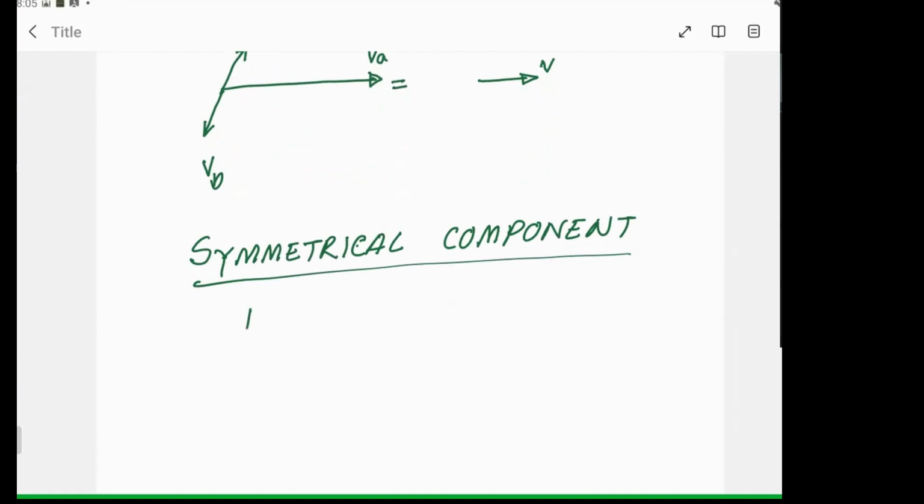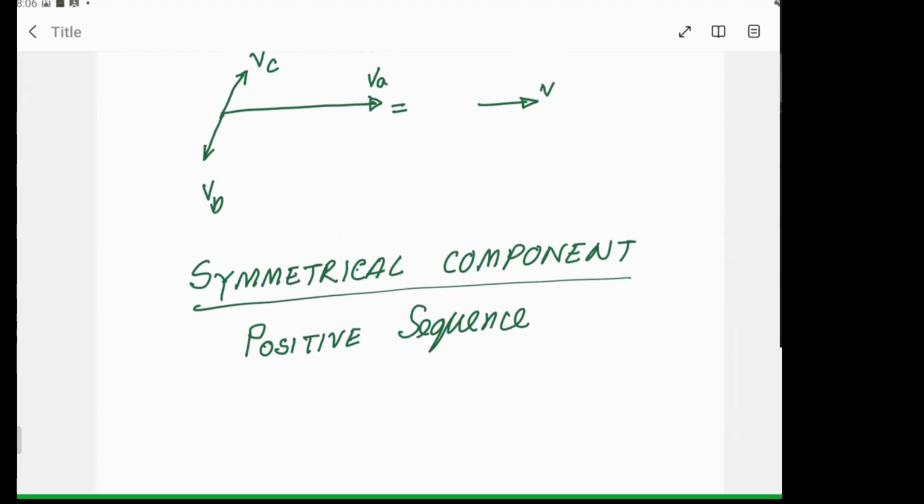One is called the positive sequence component. Symmetrical means it is a balanced component. So from the unbalanced, unsymmetrical system, we are producing symmetrical components.